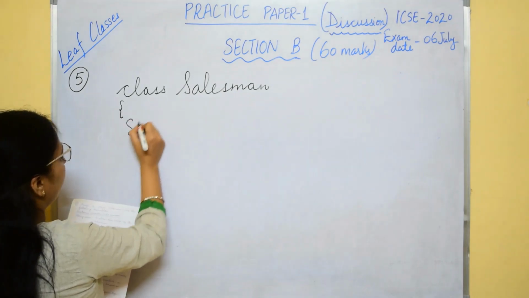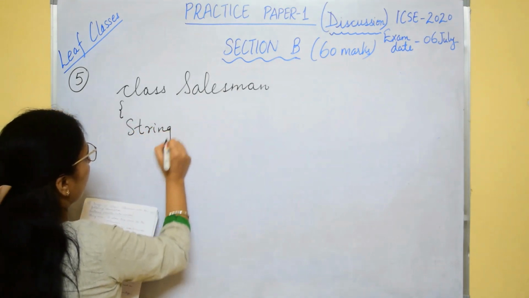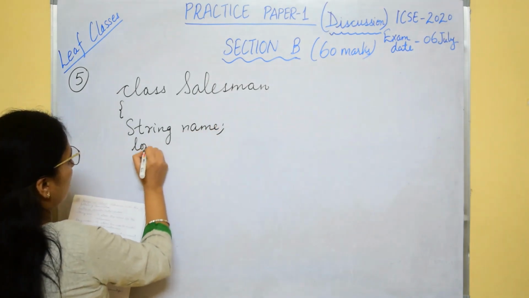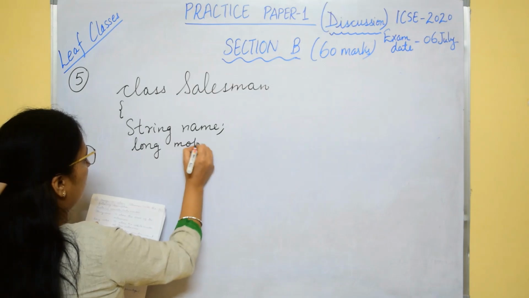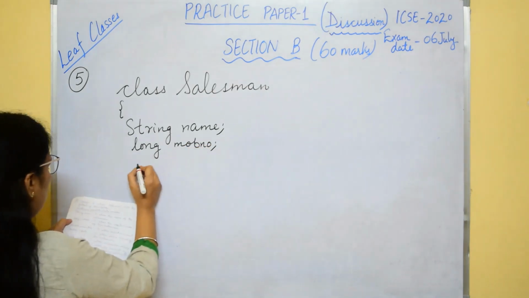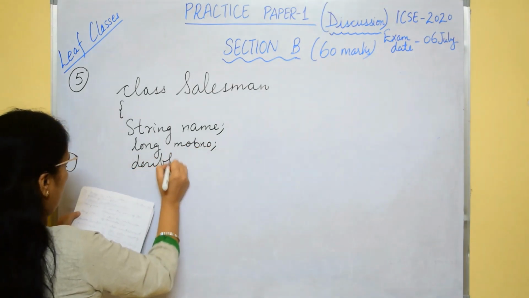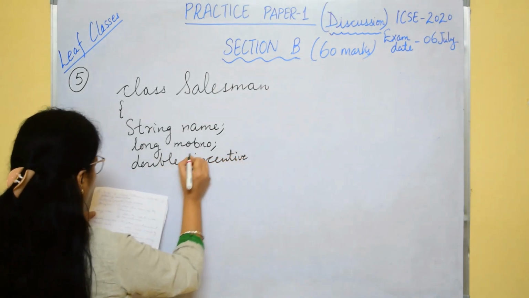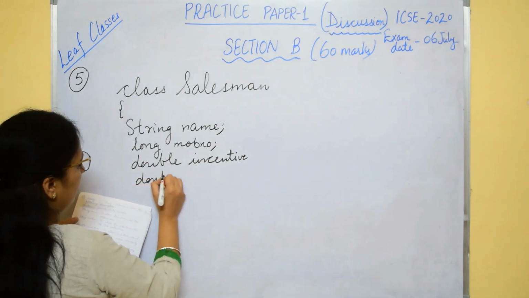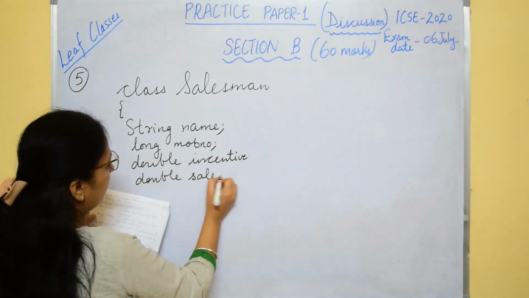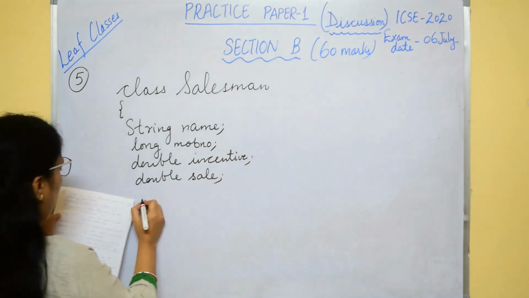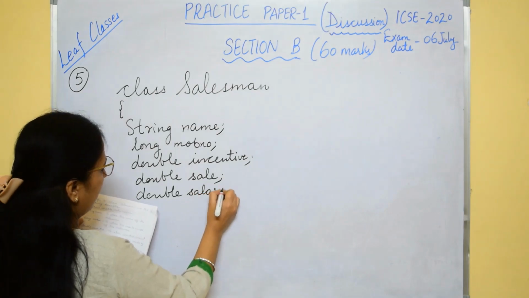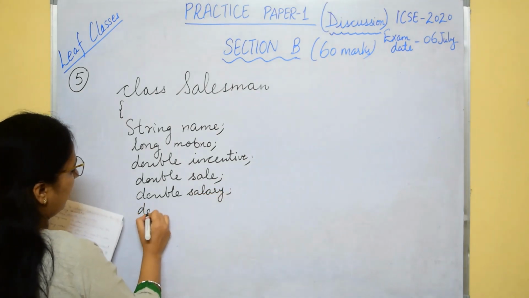So the variables are string name, long mobile number, for which MOBNO is written, double incentive, double sale, double salary, double amount.